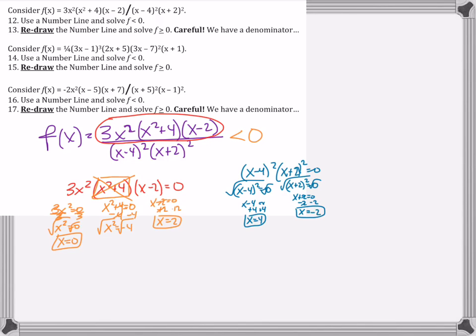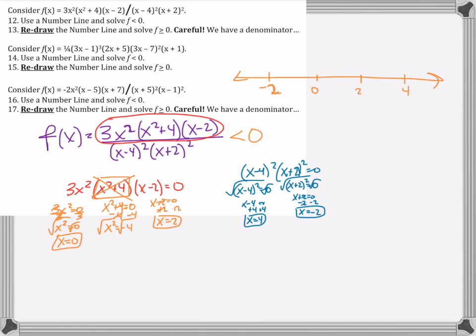Okay, so I'm going to go ahead and make my number line here. All right, I'm going to put all the values I got. Okay, so we'll start with the smallest one, which was negative 2. Then it was 0. Then 2. Then 4.